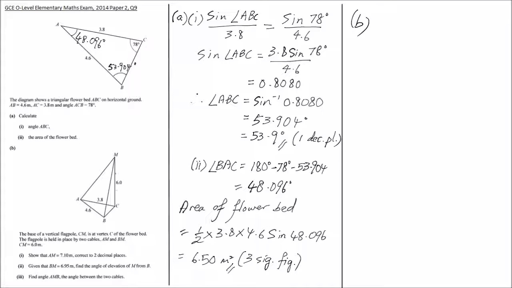Now, since the flagpole is given as being vertical, and these three lines here, AC, AB and CB, are horizontal, we know that the angle here must be 90 degrees. Similarly, the angle BCM must also be 90 degrees.